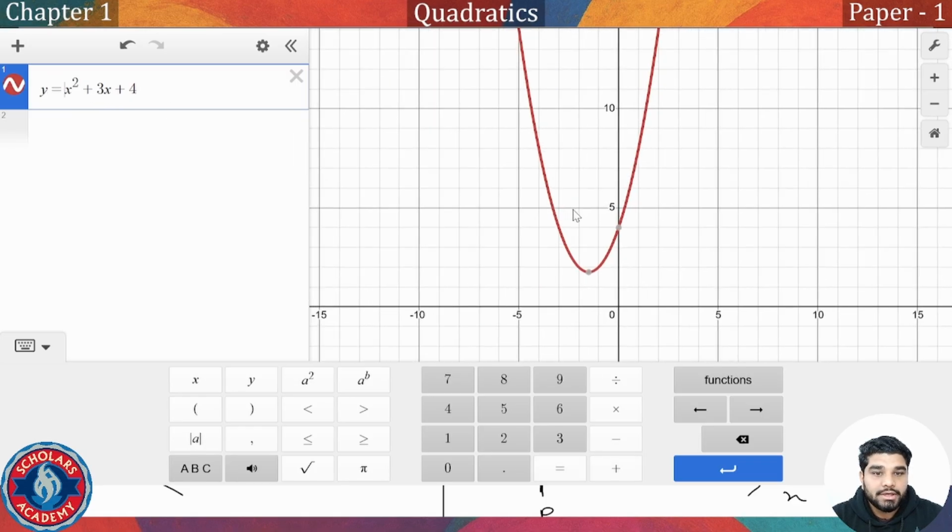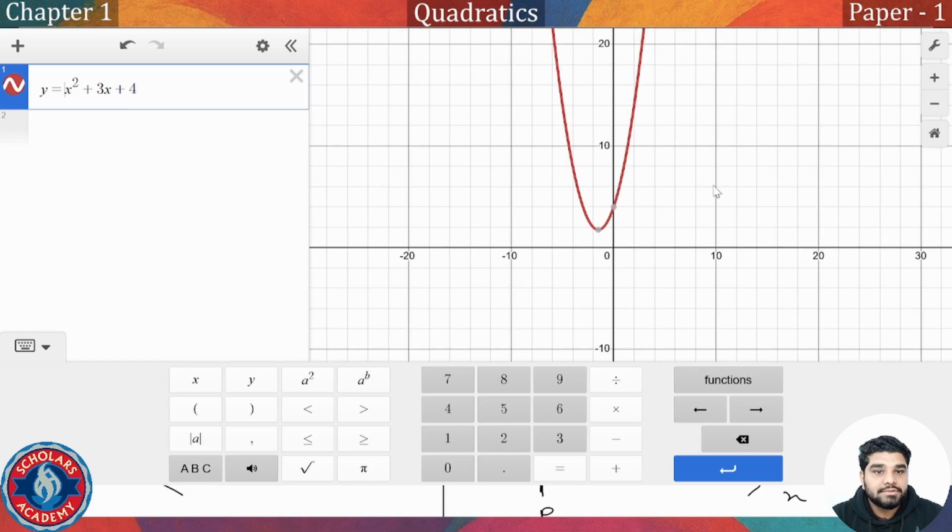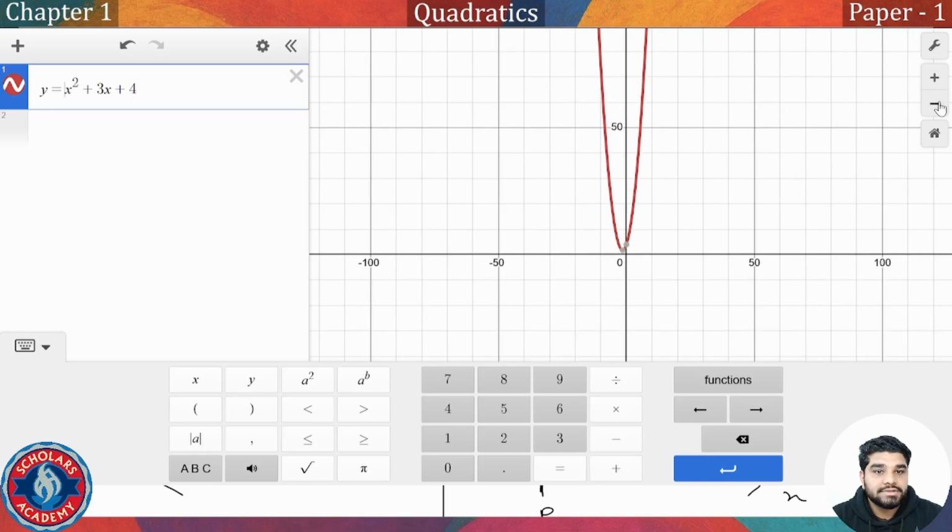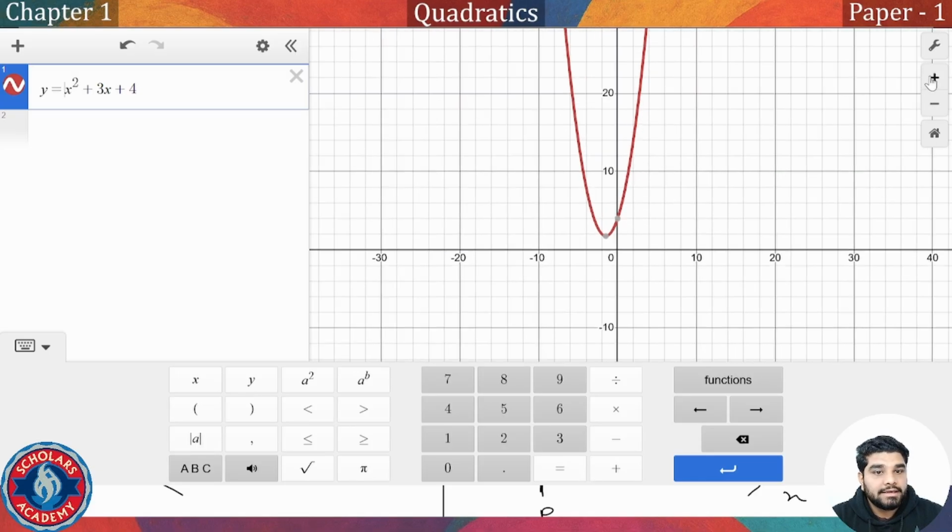This is a quadratic equation, and it is a parabolic curve.